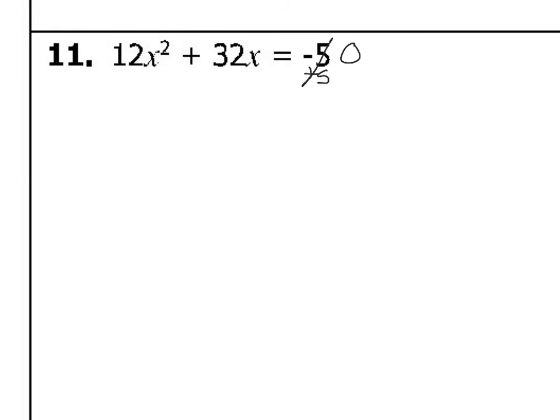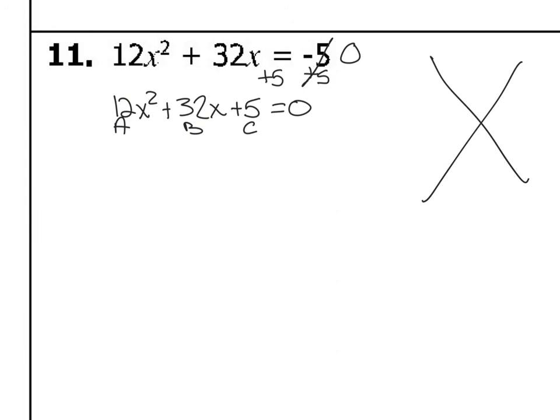If I add 5, that'll make it 0, so I have to add 5 on the other side as well. So we have 12x squared plus 32x plus 5 equals 0. Now, can I simplify those? No, 5 won't go into 32 or 12. So this is A, B, C.